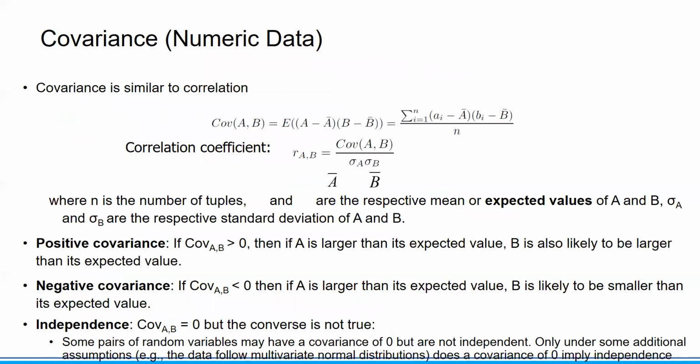There is another aspect to measure for numerical data: we can use covariance.